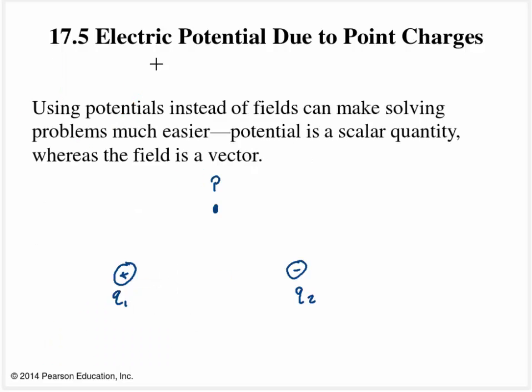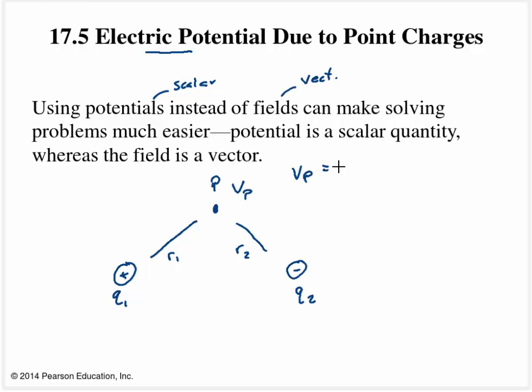Now, one nice thing about electric potential compared to electric field is that potential is a scalar quantity. Electric field is a vector quantity. So we care about direction for electric field, but we don't care about it for potential. So if I wanted to ask what the potential is here at point P, well, here I've got 2 charges, and I'll say this is R1 and R2.